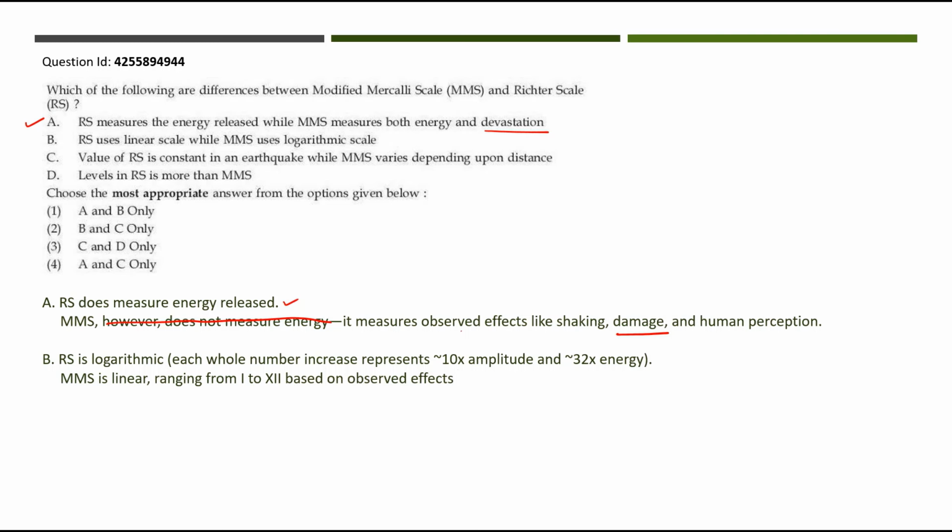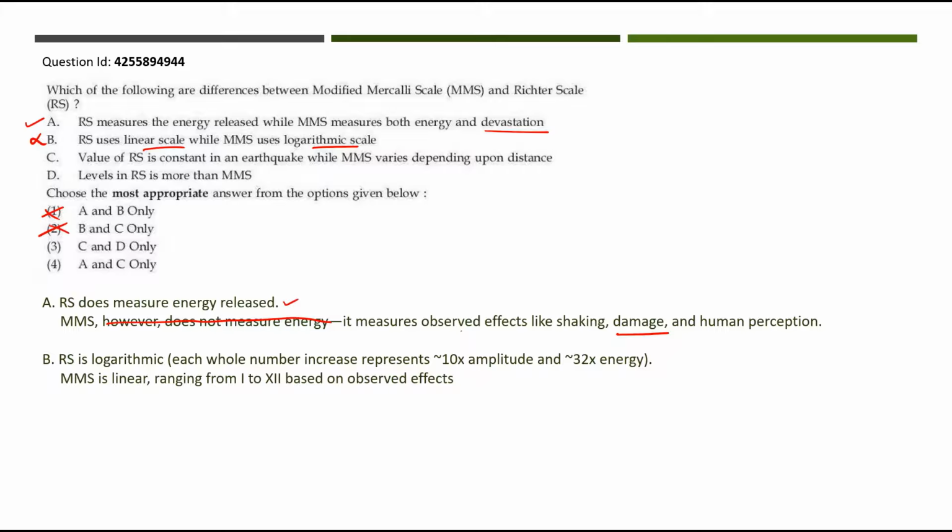So Richter scale is logarithmic and modified Mercalli scale is linear, ranging from 1 to 12 based on observed effects. So here both the scales are swapped, so B is definitely wrong. Any option involving B can be ruled out.